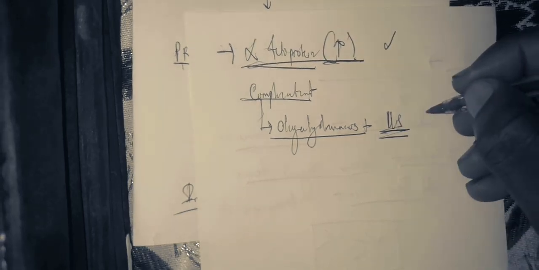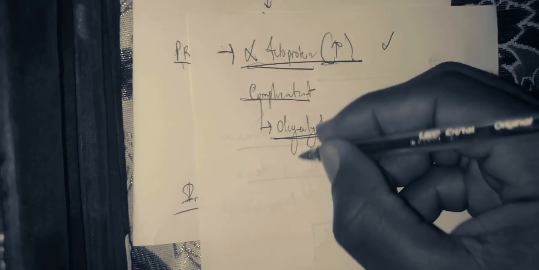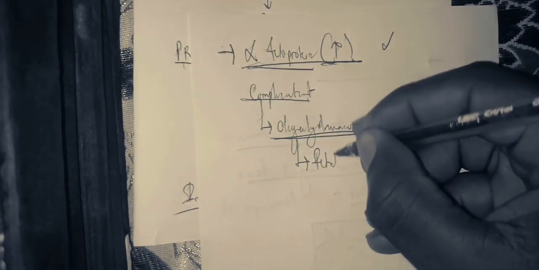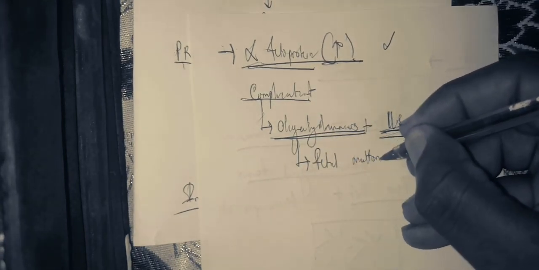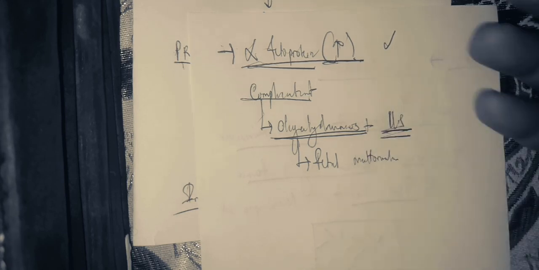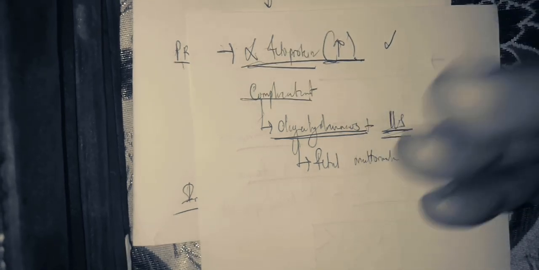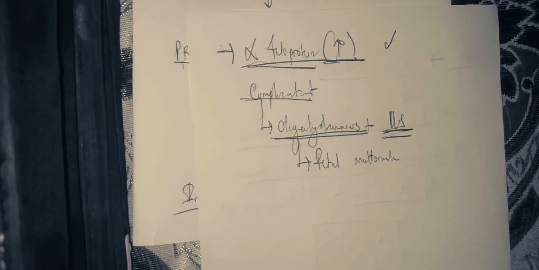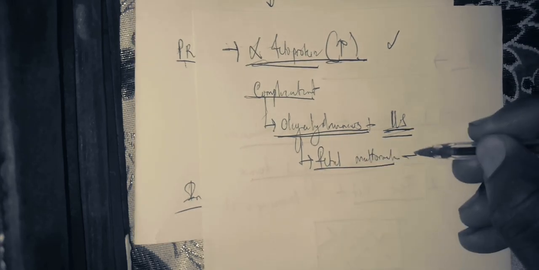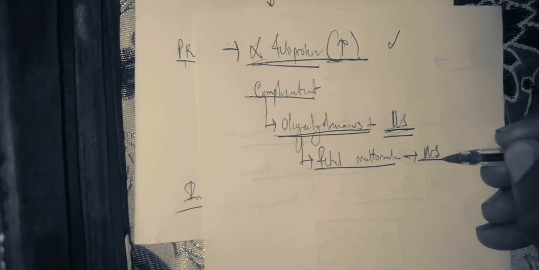Oligohydramnios can result in fetal malformations, as I've said: musculoskeletal ones like club foot, kidney ones like renal hypoplasia, GI tract ones like duodenal atresia, and lung ones like lung hypoplasia. If you have those fetal malformations, they can also be seen on the ultrasound.